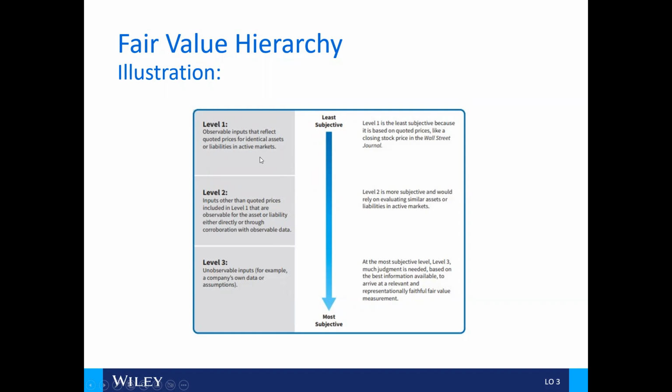So an example of level 1 information: I can actually observe it, meaning I can look up the stock price. I remember 2 years ago, I needed to do taxes for one of my clients, and they sold one of their stocks. When I was looking at the tax report, of course, the company didn't tell me how much they paid for that particular stock, but they had the date of the stock purchase.